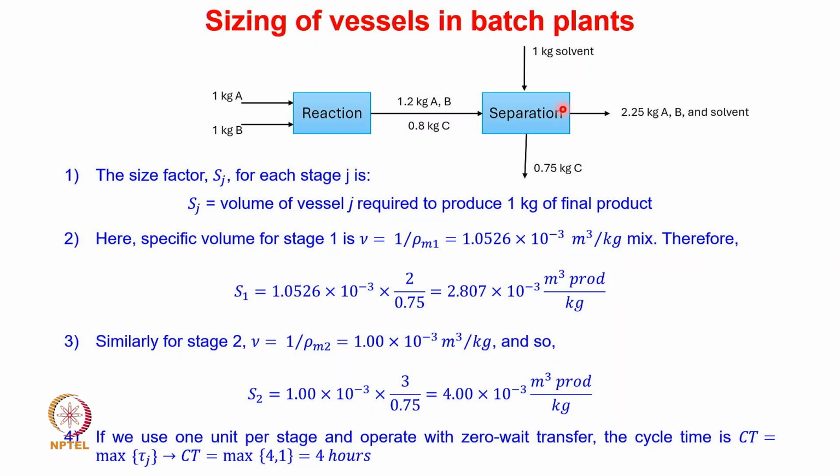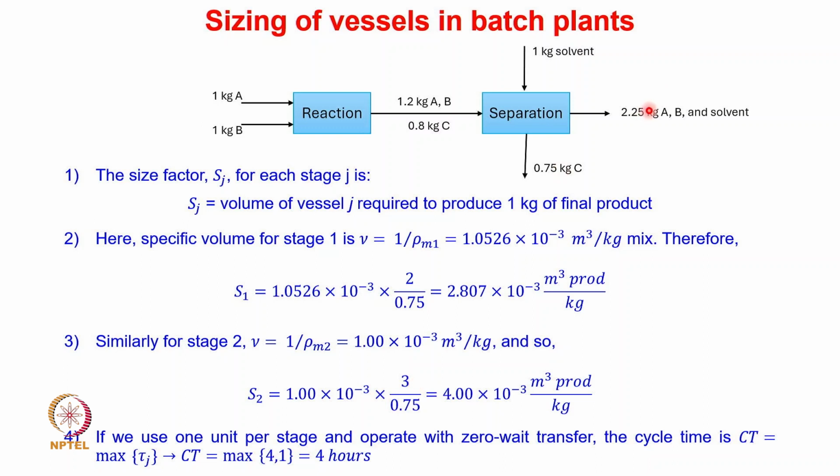Similarly for stage 2, the density is given as 1000 kg per m³. So the specific volume is 1 by 1000, which is 1 × 10^-3 m³ per kg. Again we can calculate S2, the size factor for the second stage, as the specific volume multiplied by the total weight divided by the weight of the product.